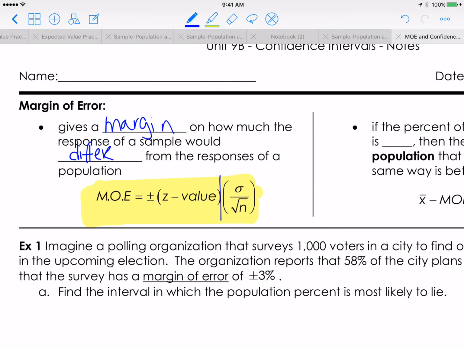Do you guys remember, does this look familiar? Hopefully it does. This is your sample standard deviation. So you're multiplying your z-score times your sample deviation.